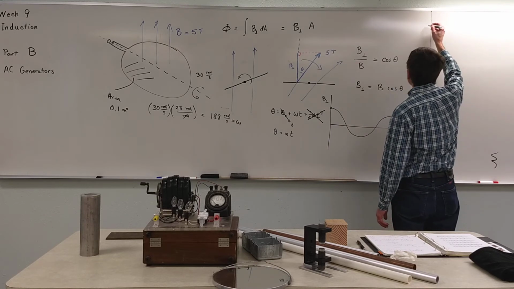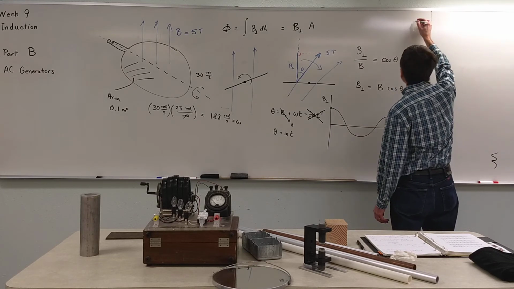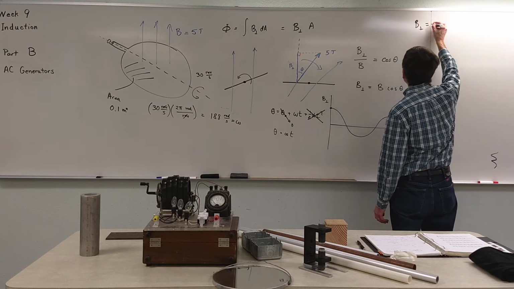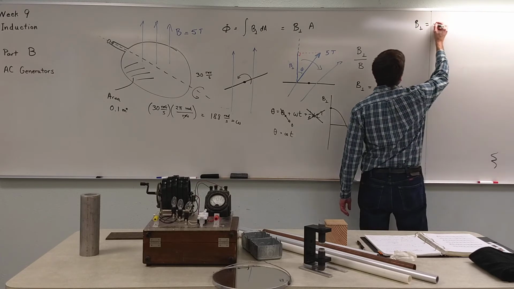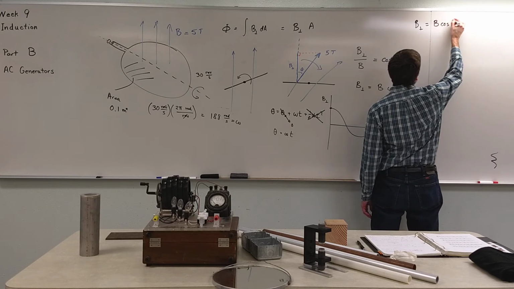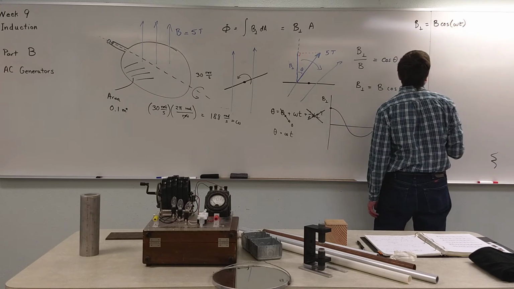So, if theta is equal to omega t, then B perpendicular is equal to B times the cosine of omega t.